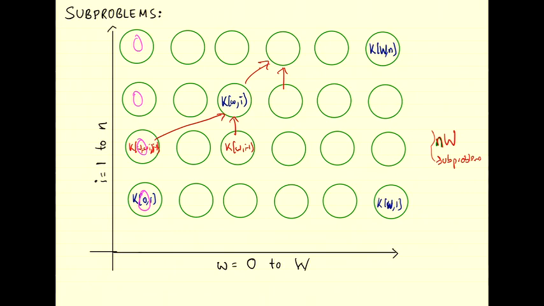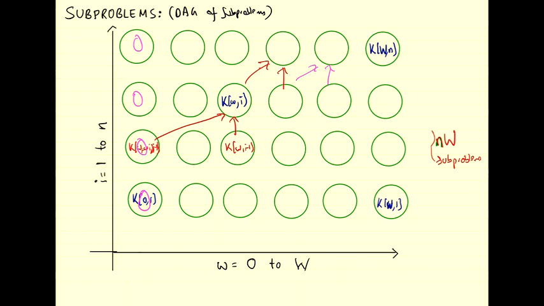We know that every subproblem depends on something in the previous row. In fact, this is a DAG of subproblems, meaning the dependencies don't form a cycle. In general, if you write down a recurrence relation, it's not clear that they don't form a cycle.